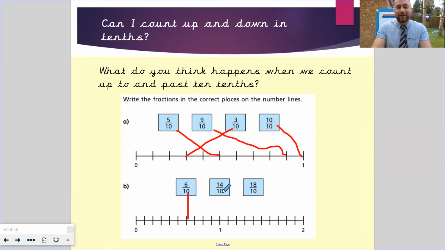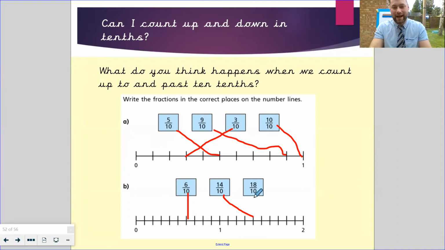So 14 out of 10 tells us that we've eaten 1 whole pizza and 4 slices of the other pizza. So 1, 2, 3, 4. It gets a bit tricky. So remember that you can go over 1 whole, and when you do that, the numerator becomes bigger than the denominator because we're still keeping it in tenths here.